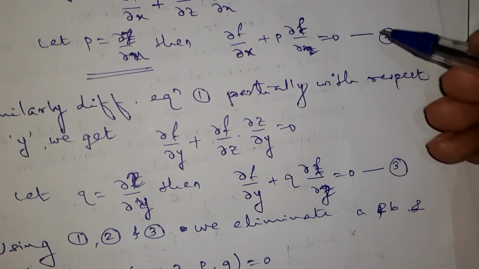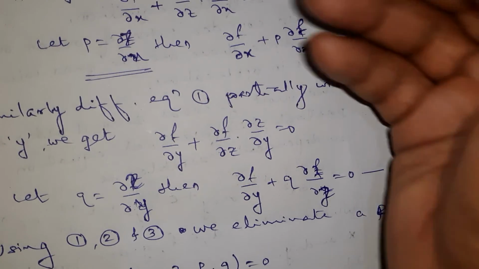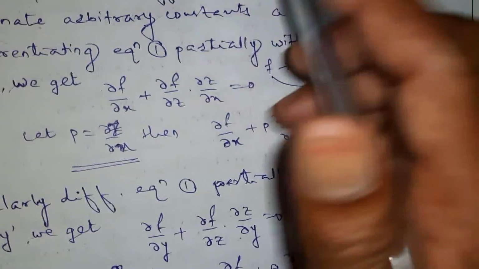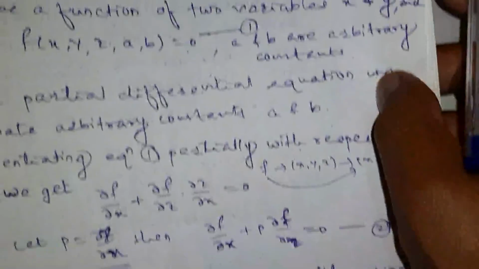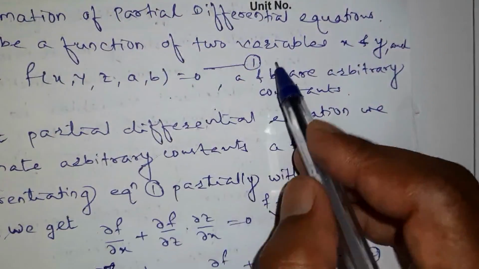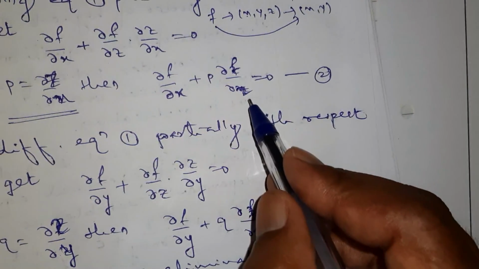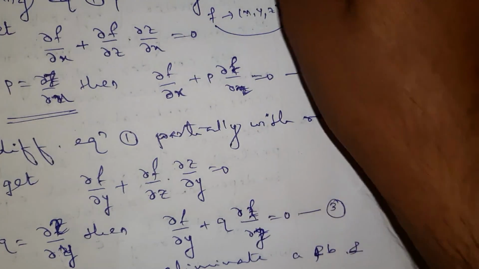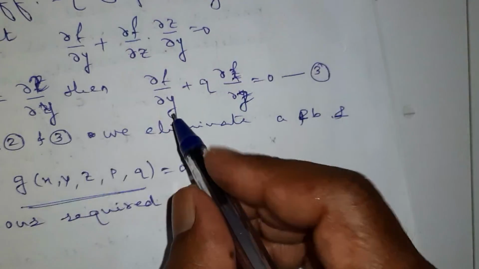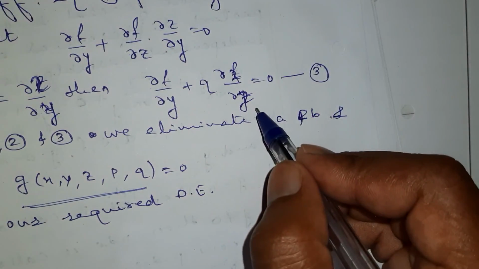From these three equations, which are the three equations? The given equation, then dou f by dou x plus p dou f by dou z, this is second, and third, dou f by dou y plus q dou f by dou z.